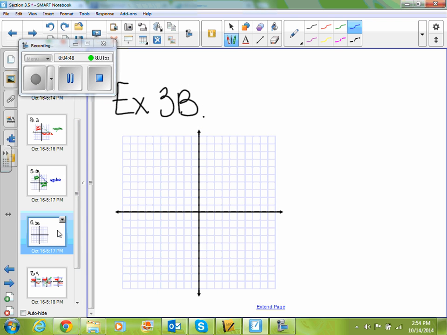Okay, if I look at 3B, the number of pets a person owns and the number of books that they read. Okay, so we're talking about pets and books. If a person has one pet, how many books might we think that they read? One. Okay, Niall, do you have any pets?